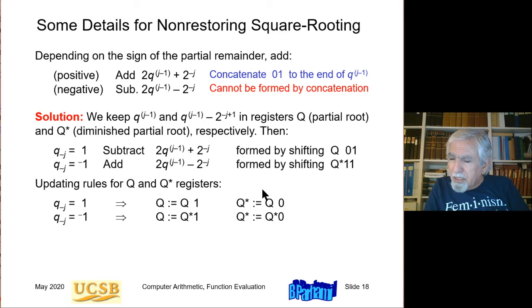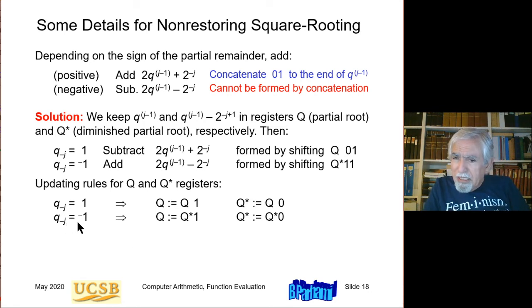So there are two registers in which I keep the real quotient and the diminished quotient. Every time I decide on the quotient digit, if I decide it to be 1, I update this register by appending it with 1. I update the second register by appending the contents of the Q register with 0. So I transfer the contents of the Q register to this register and put the 0 at the end.